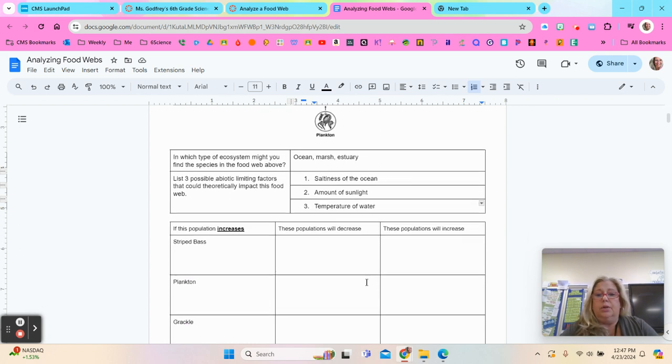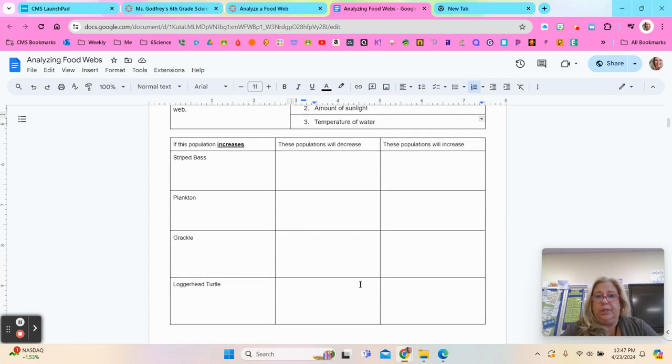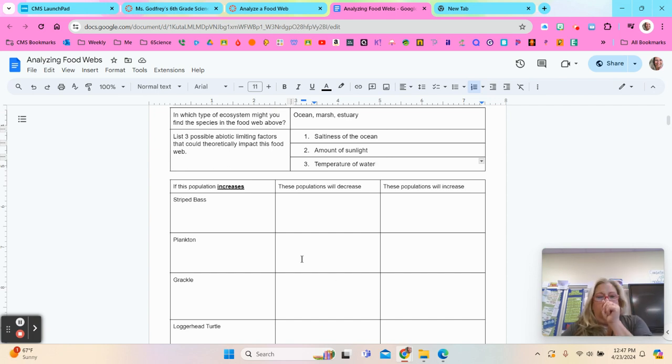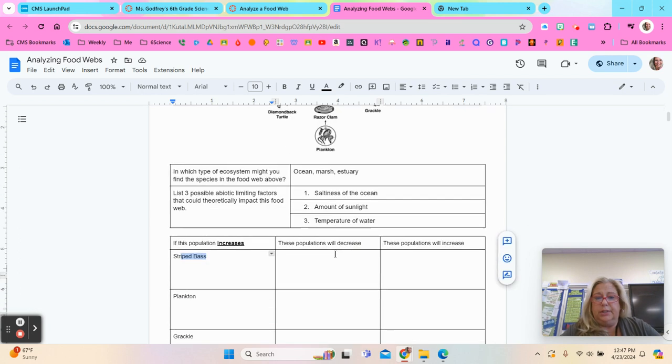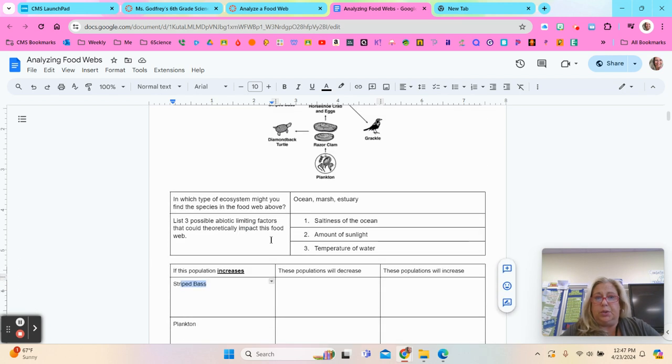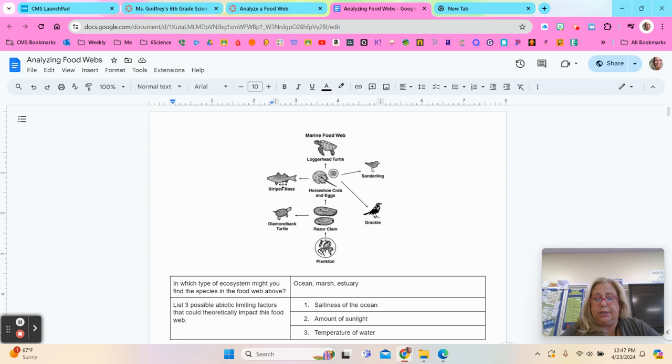All right, now the next step is this. You got a little table down here, and it's like this. If this population increases, striped bass, right? So I'm going to go back up and look at the striped bass. All right, so if this population increases, then what is a population that will decrease because this increases?